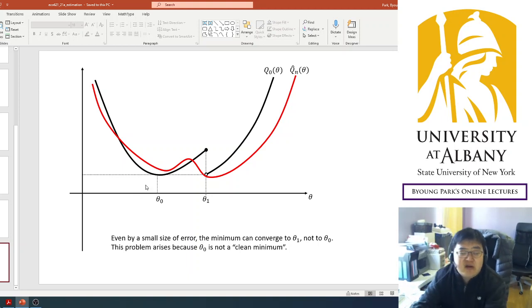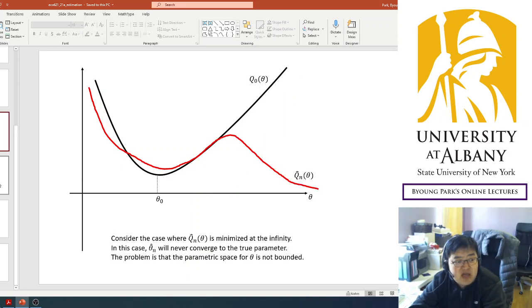This problem is coming from the discontinuity, of course, but at the same time, the discontinuity causes the not clean minimum problem. So the minimum is not a clean one, so there are 2 similar ones. So combined with the discontinuity, it may have a bigger problem.